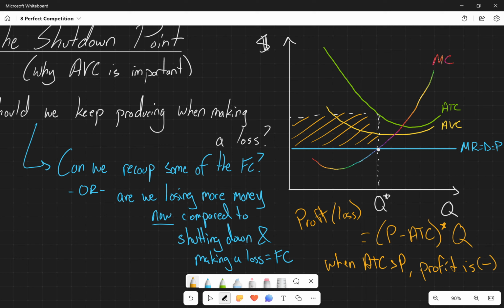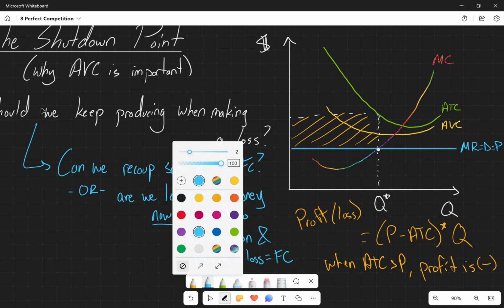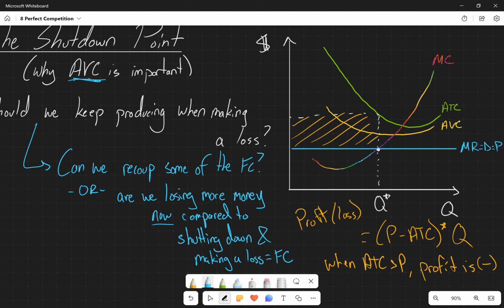So in this situation, we are losing so much money that we would be better off shutting down. So when the marginal revenue or the demand curve crosses the marginal cost curve below the average variable cost curve, right? This whole thing is subtitled why the average variable cost curve is important. So some of you could probably have figured that out by now.